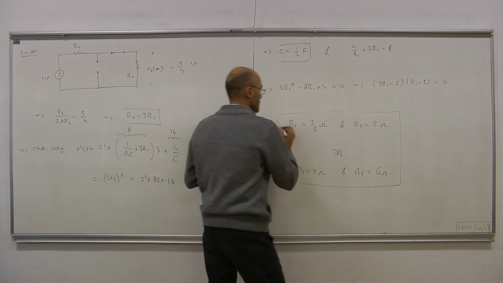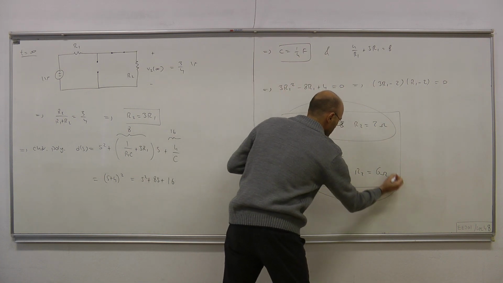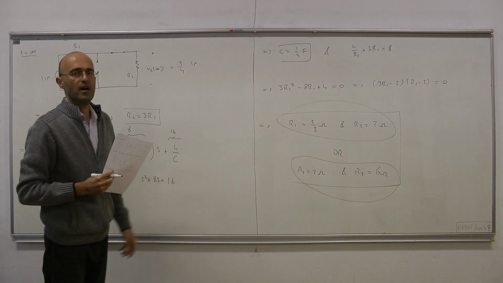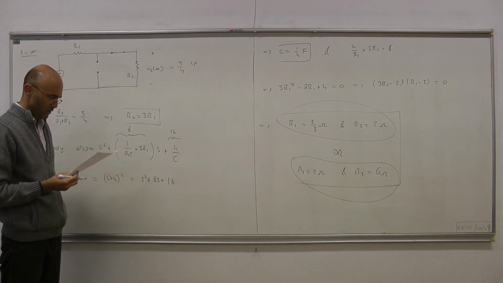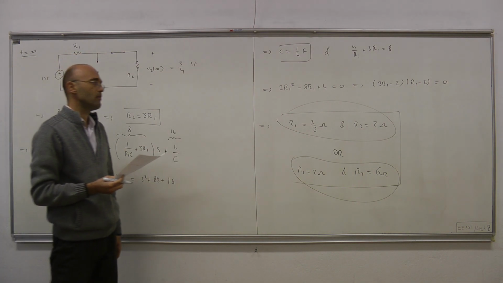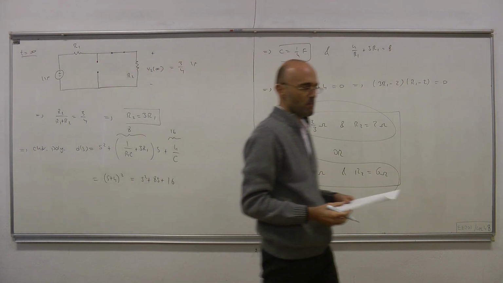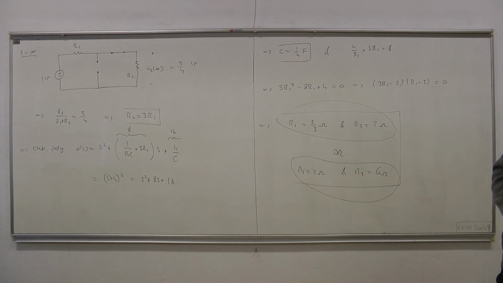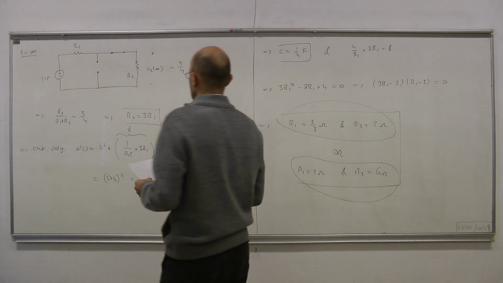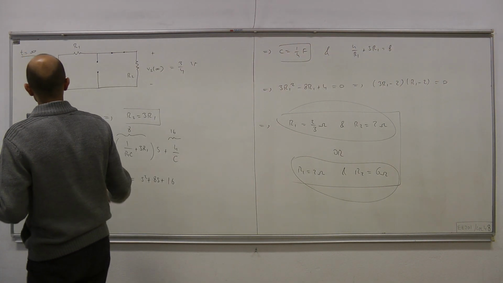So either this pair or this pair will satisfy the design requirements. Okay, so the design of the problem is complete. Let's also figure out if we can the coefficients of the first order polynomial that appears in the step response. Okay, so that's our next problem.